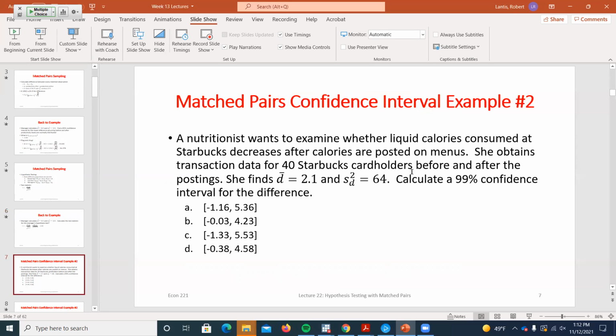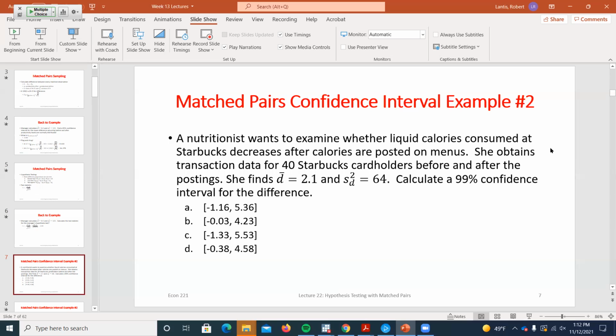But let's say we wanted to do another confidence interval, put some actual values to this and think through what we would do here. I think hearing more examples of matched pairs makes it make a little more sense, and shows the power of what we could do with it. So let's say a nutritionist wants to determine whether or not calories have decreased after they posted the calorie content on the menus, right?